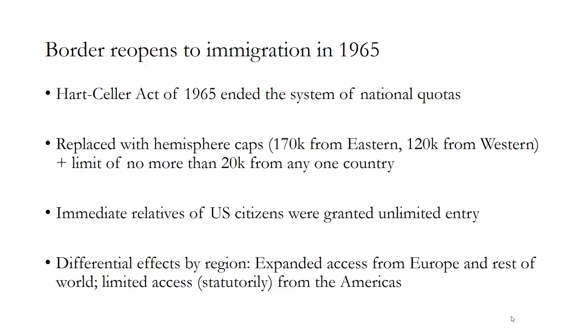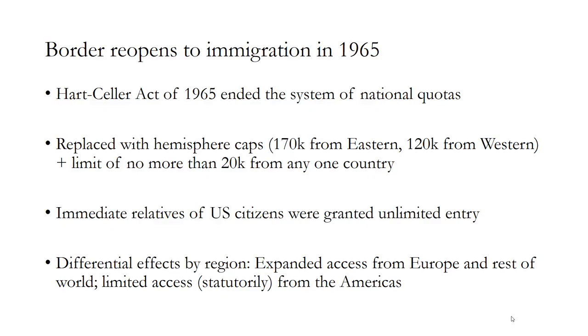I will close by saying two things. One is that our goal is to try to apply this type of approach to the reopening of the borders. So many of you are going to be familiar with the 1965 Immigration and Naturalization Act. This policy had differential effects on different parts of the world as well.